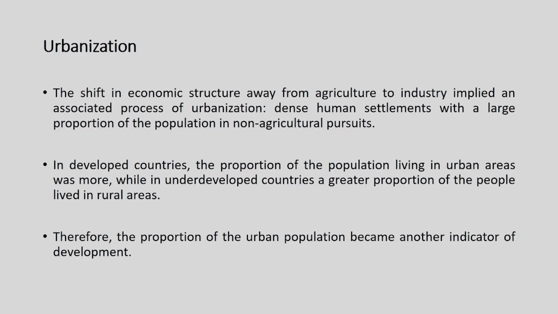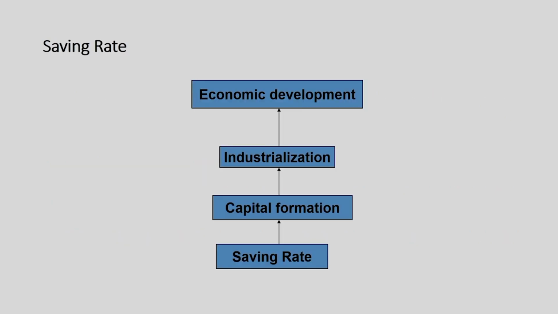In this context, in developed countries, the proportion of the population living in urban areas was more, while in underdeveloped countries, a greater proportion of the people lived in rural areas. Therefore, the proportion of the urban population became another indicator of development.